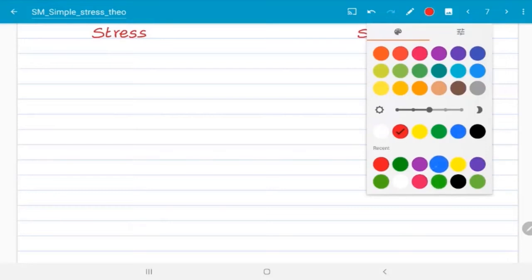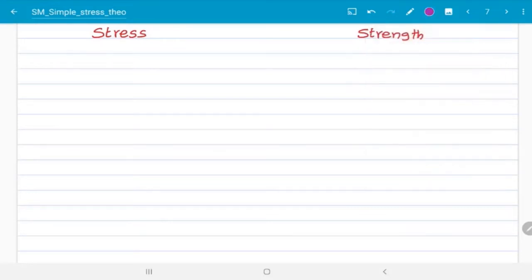Right. First point. What is the definition for stress?